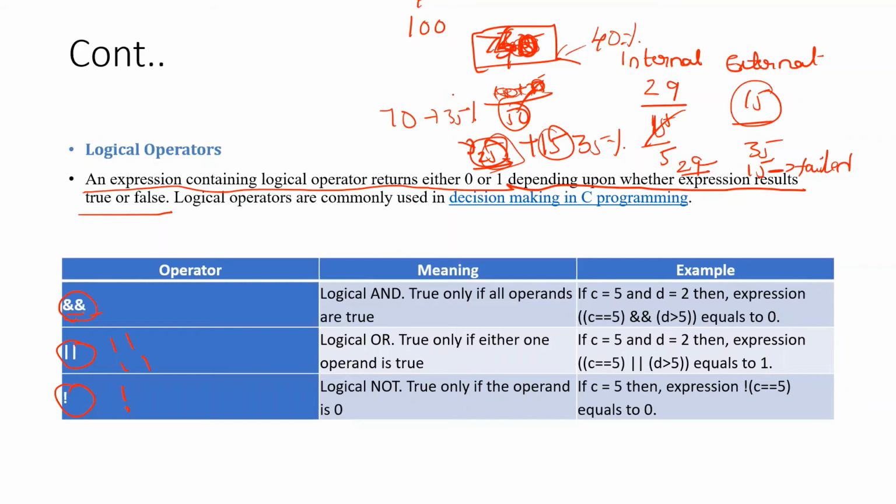So when I want to decide whether the student passed or not, first you are supposed to check whether he got 35 percent of marks in external or not. That is one constraint. If he got 35 percent of marks in external, then I need to find the summation of internal and external.